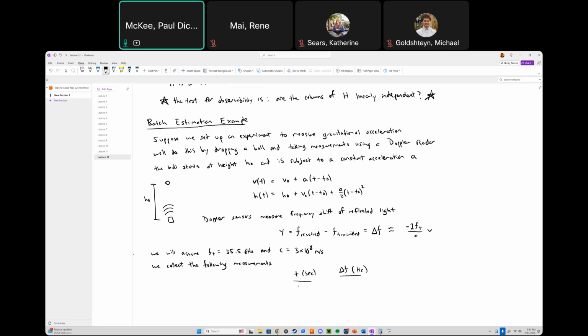Times 0.2, 0.5, 0.7, 1.0. So we let the ball drop for 1 second. We take 4 measurements in that time, and we get 584.3 hertz, 1275.4 hertz, 1750.4 hertz, and 2431.5 hertz.